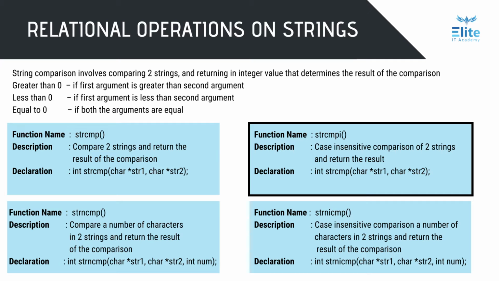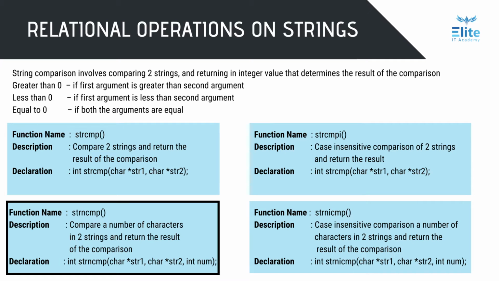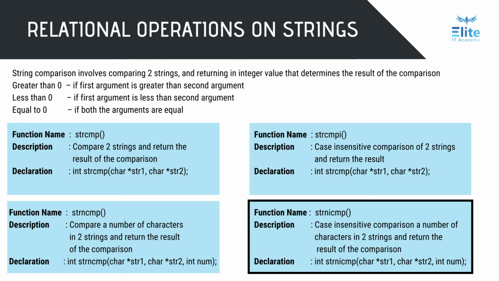Otherwise, it behaves exactly like strcmp. The strncmp function compares the first specified number of characters of a string. The number of characters to compare is passed as a third argument. Similarly, the strnicmp function ignores case during comparison.